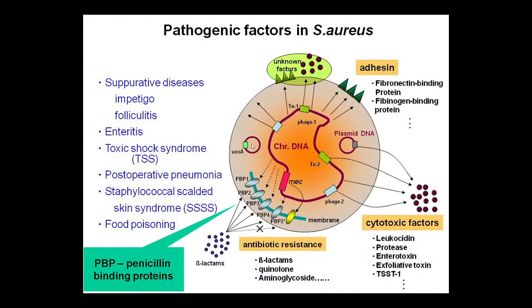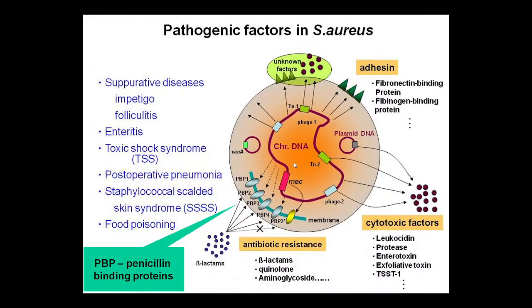And by the way, when we studied genetics, we stated that the majority of the virulence factors are encoded by extra chromosomal genetic elements like transposons, plasmids, and bacteriophages.